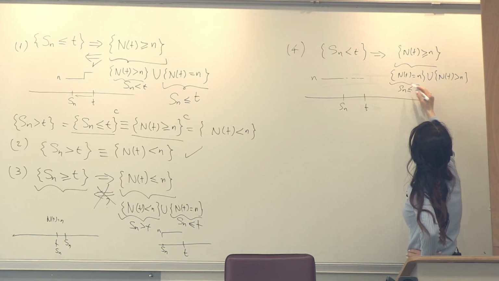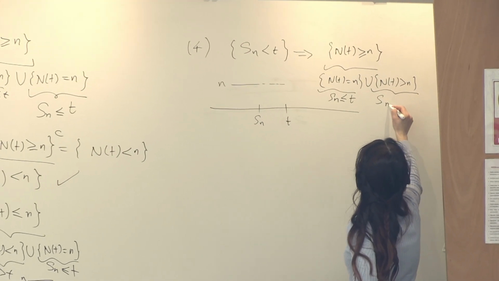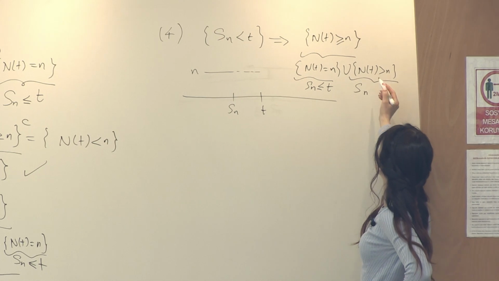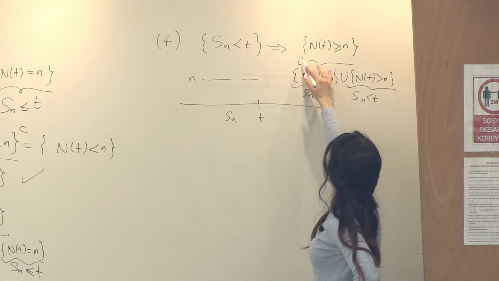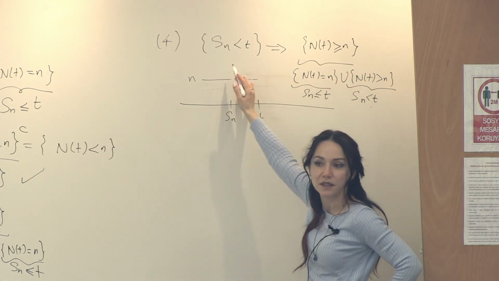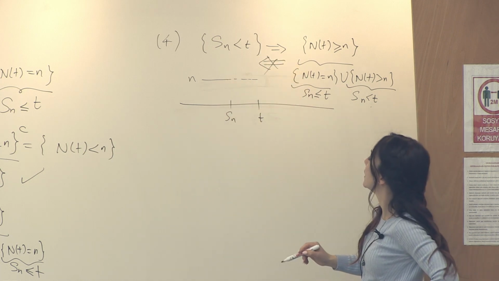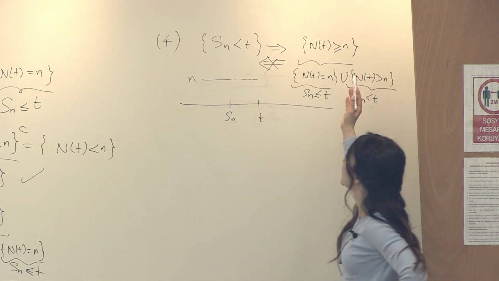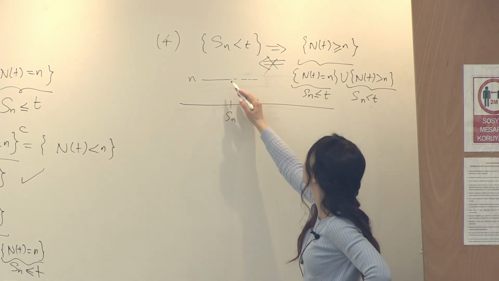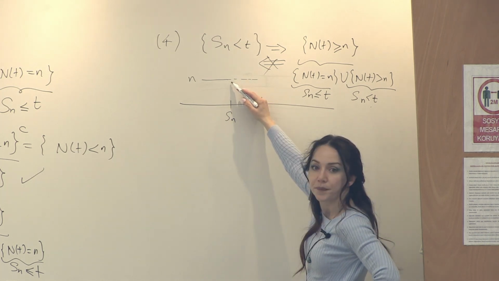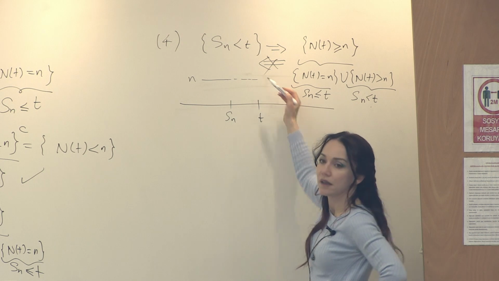So this means that Sn, the time of the nth arrival, is before t. So this is sort of bigger than the left-hand side. It does not imply the left-hand side. But the left-hand side implies the right-hand side by this pictorial argument. Sn less than t means that the nth arrival has happened. So the number of arrivals at time t is at least n.